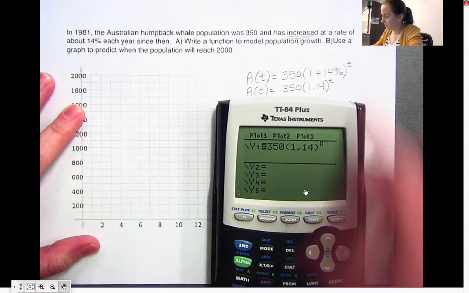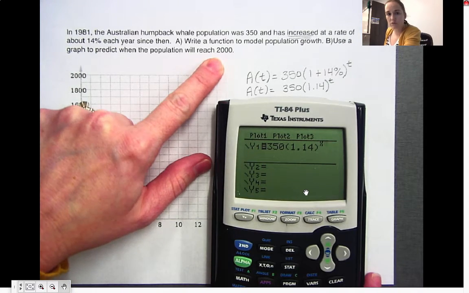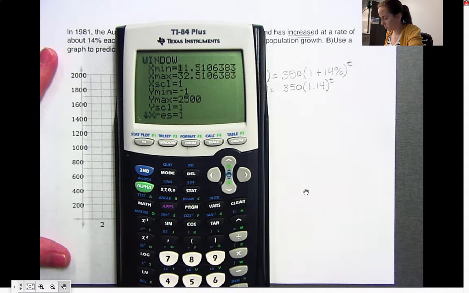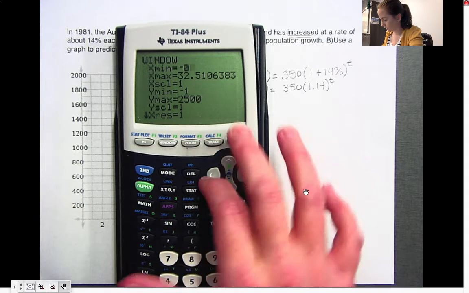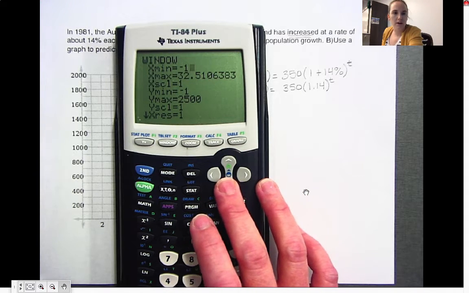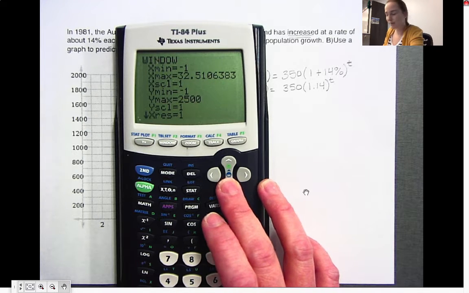For part B, it says use a graph to predict when the population will reach 2,000. So if I go to my window, I'm going to change the minimum x value. This is over time since 1981. So I'm going to change it to -1, even though I know that we're not going to consider that because we're not going back in time.